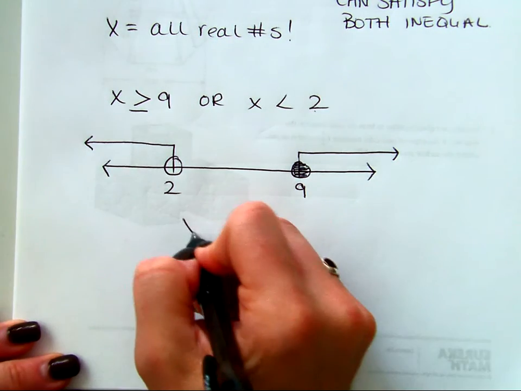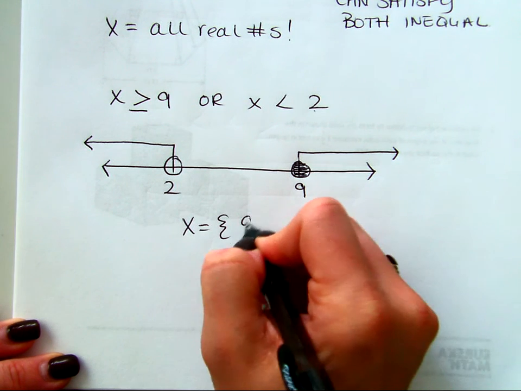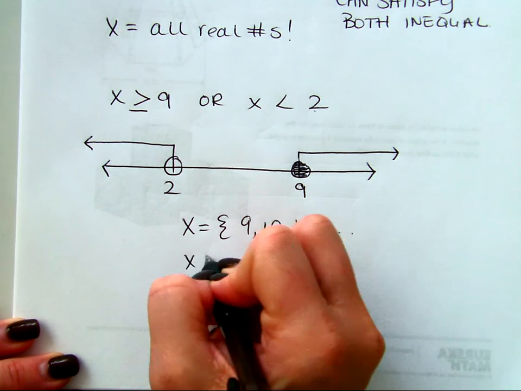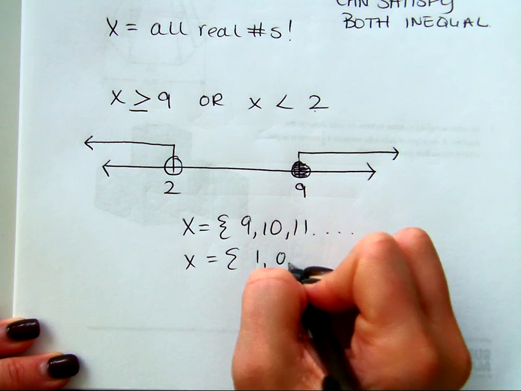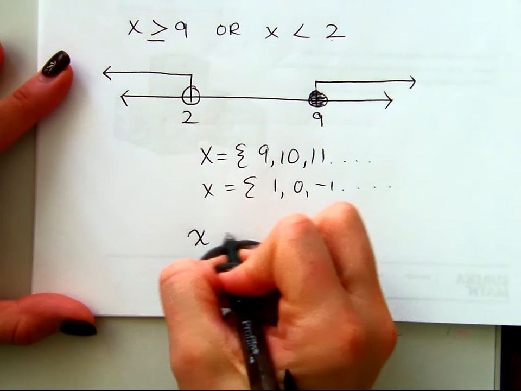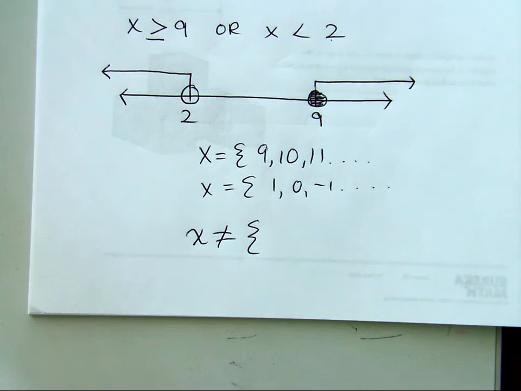Couldn't x equal 9, 10, 11, ... But it could also equal 1, 0, -1, ... So sometimes when there's a whole bunch, do you think it might be easier to say the numbers that x cannot be?